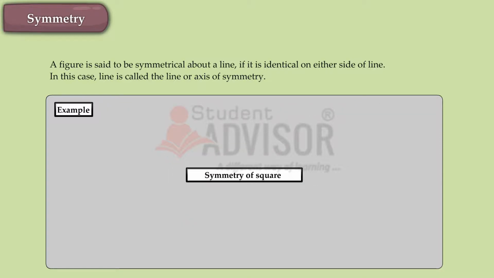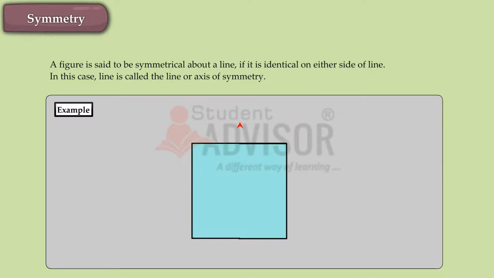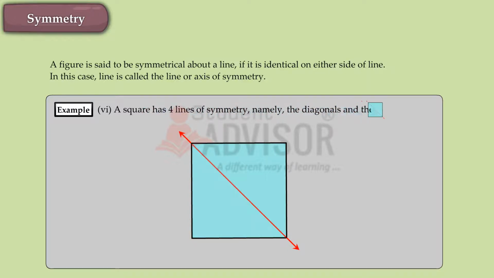Symmetry of square. A square has four lines of symmetry, namely the diagonals and the lines joining the midpoints of its opposite sides.